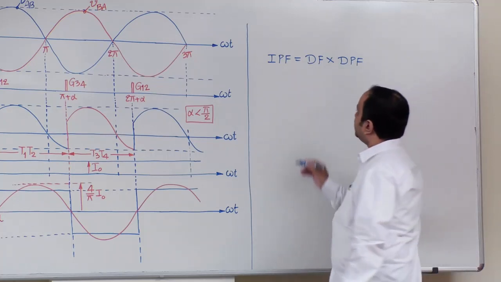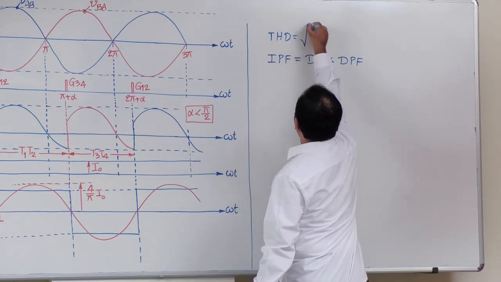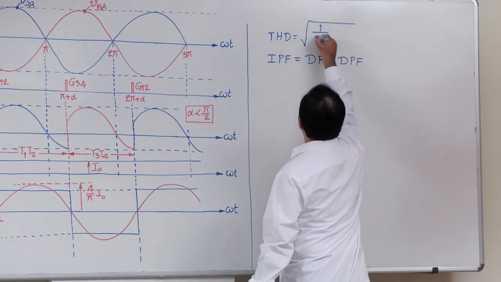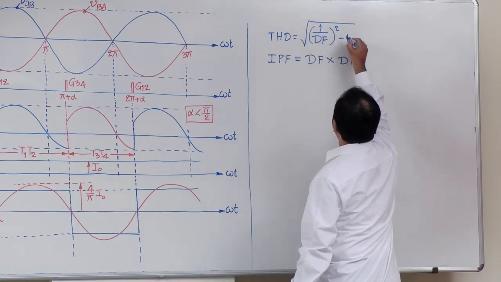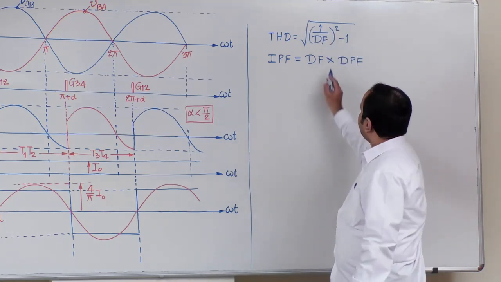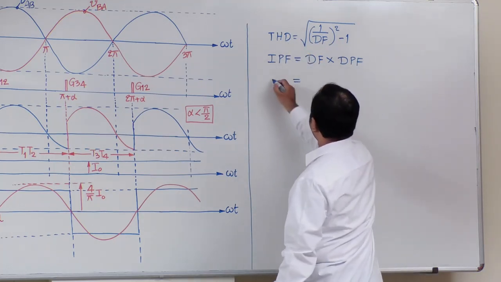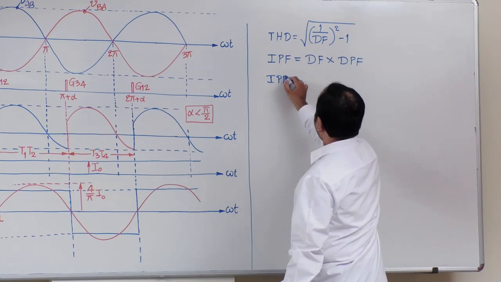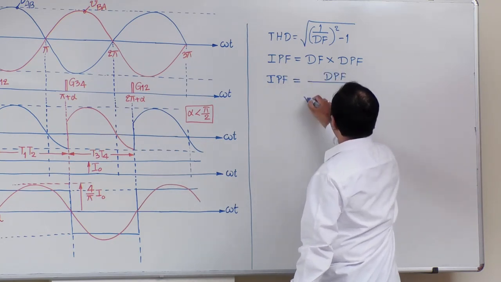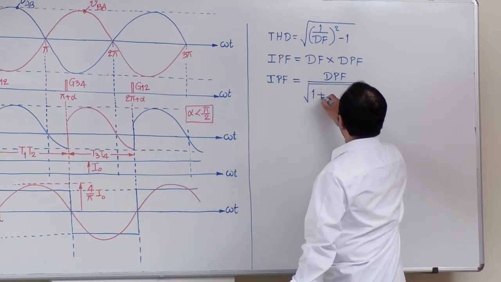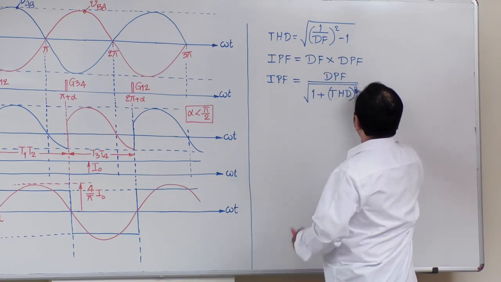THD is equal to the square root of (1 by df) whole square minus 1, so df can be expressed in terms of THD, and you can rewrite IPF as DPF divided by the root of 1 plus THD whole square.